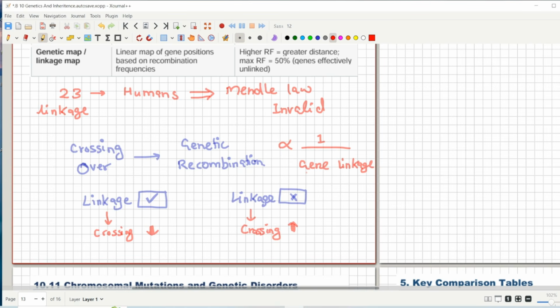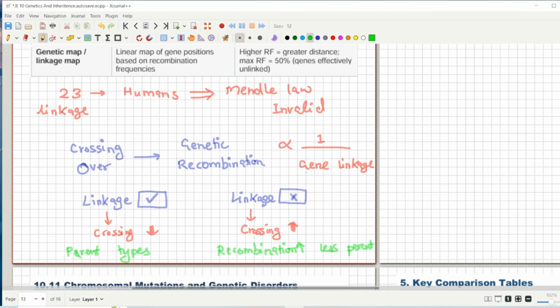And if there is less crossing over, then you will have more parental types. The progeny would be just like the parental types. And if there is more crossing over, then recombination will be more, and you will have fewer parental types, like the children would be less like their parents.